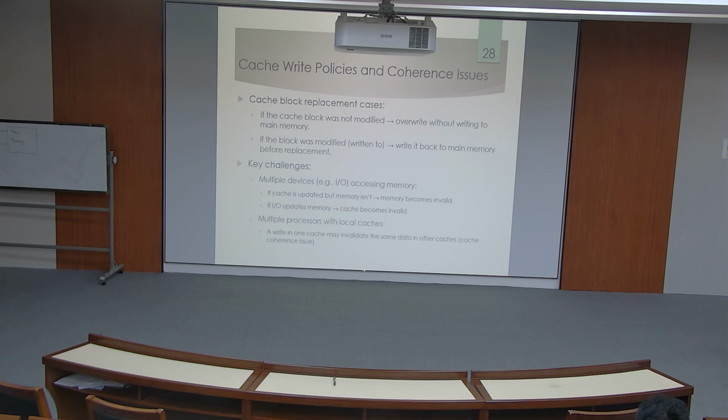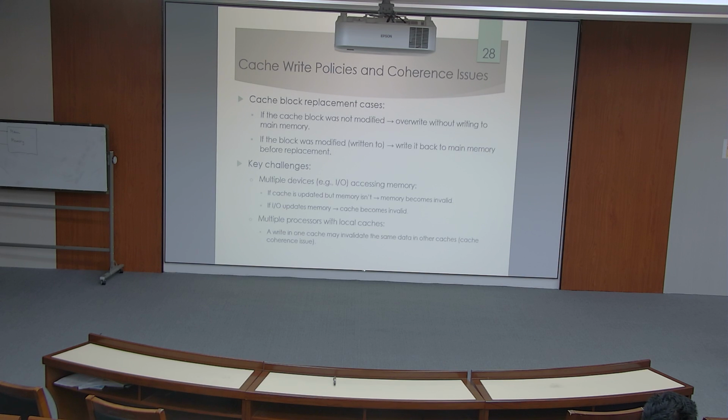Now, the next problem is when the same data in the cache memory needs to be updated, and we have the same copy in the main memory. What happens? What are the procedures? How does the system handle the inconsistency between the copy of the data in the cache memory and the data in the main memory? So we have to talk about cache write policies and coherence issues.